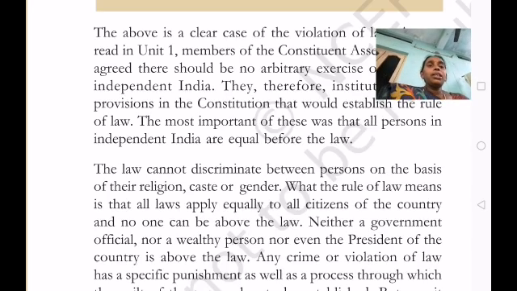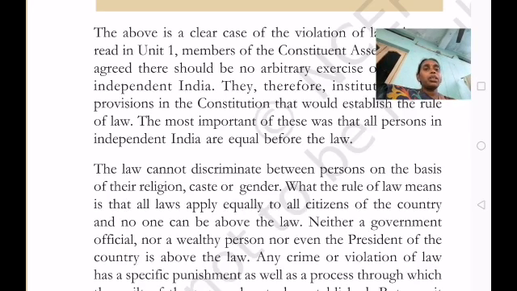The law cannot discriminate between persons on the basis of their religion, caste or gender. So there is no discrimination in front of the rules and regulations, whether religion, caste, or male or female. If a person is not following the rules and regulations, there will be a punishment also.